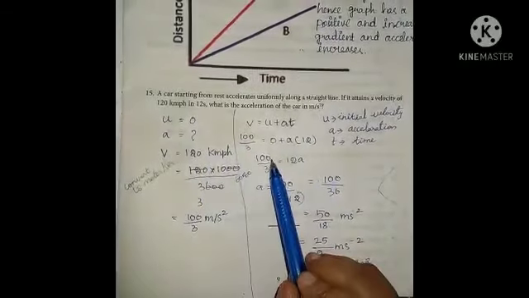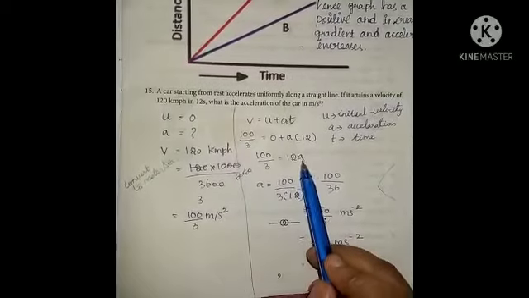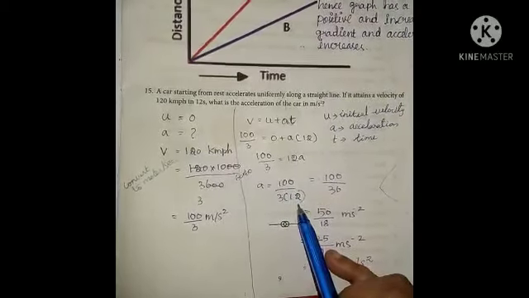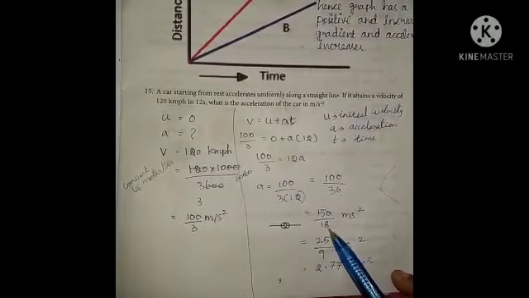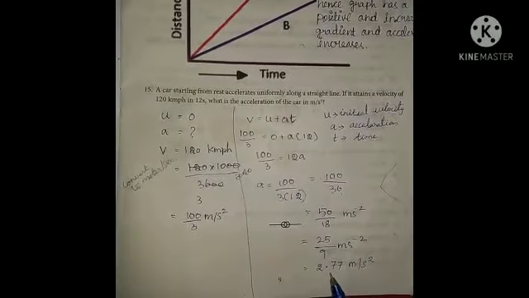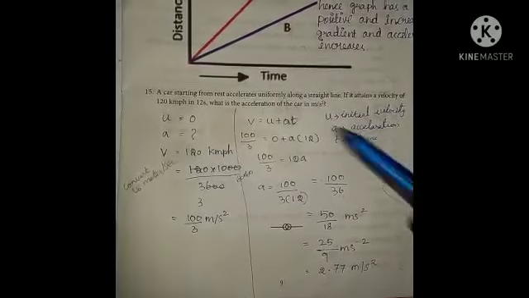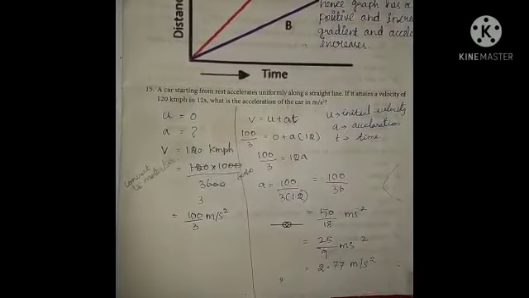So 100 by 3 is equal to 12 into A. So we have to calculate A. So 100 by 3 into 12. 100 by 36. By simplifying 100 by 36 it is 50 by 18. At last the value is 2.77 meter per second squared. So the acceleration of the car is 2.77 meter per second squared.